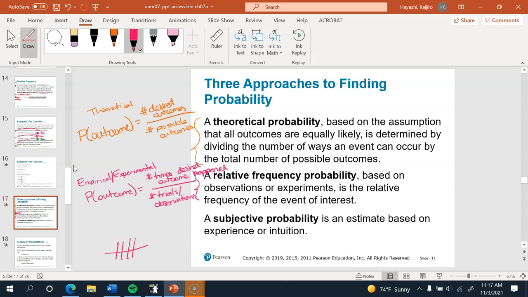You can imagine that they had a chart where every time a particular outcome happened, they put a little tally, and they just counted them up at the end and announced those numbers. But that's a relative frequency, or an empirical or experimental probability.